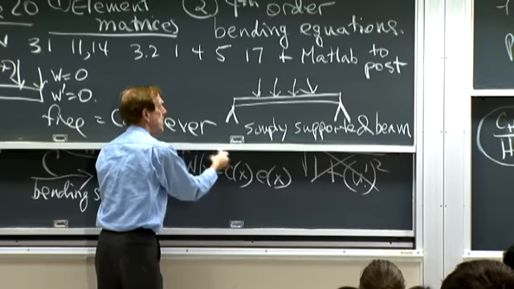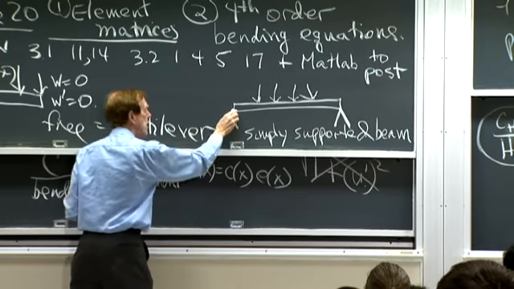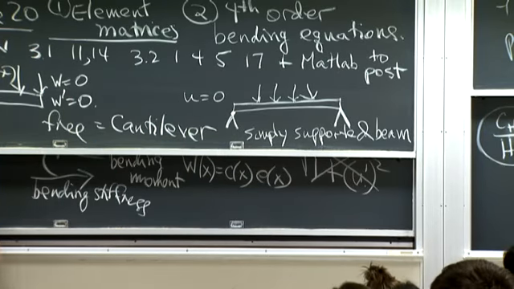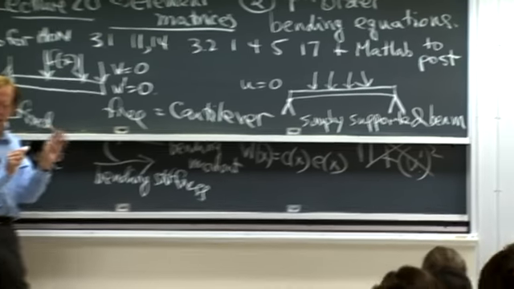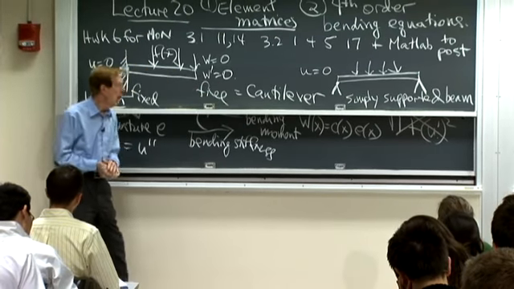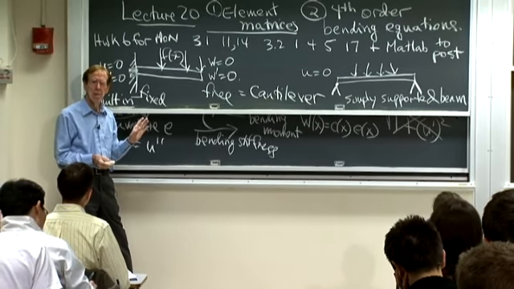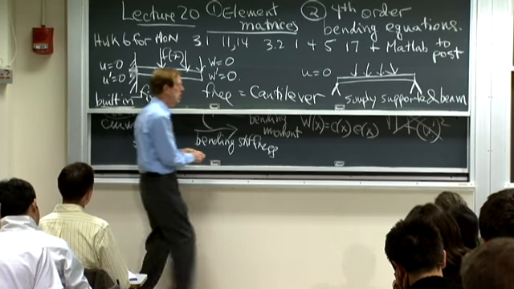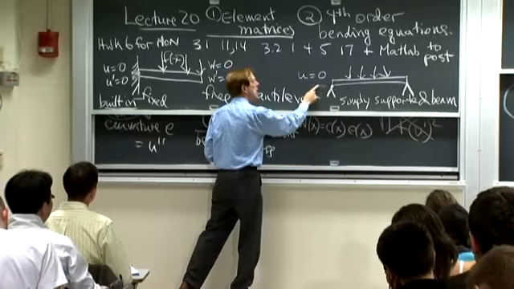And what are the boundary conditions that go with that? Well, this is u equals 0. No displacement. It sits there on that support. And what else is happening at that support? There's no bending moment. Nobody's here, right?